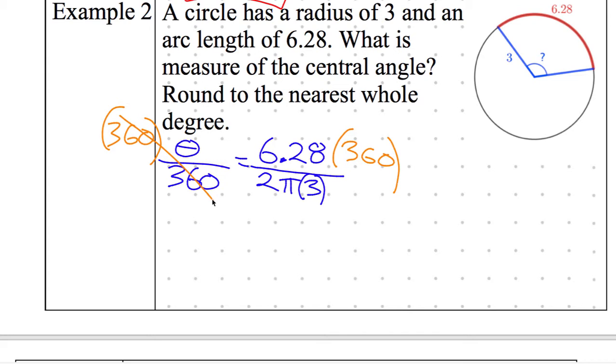You might need parentheses on the bottom. So do 6.28 divided by, now start your parentheses, so top left, and then 2 times pi times 3. And your, okay, now multiply that by, yeah, perfect.